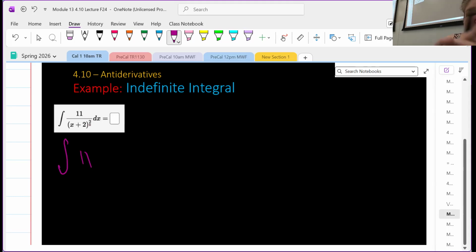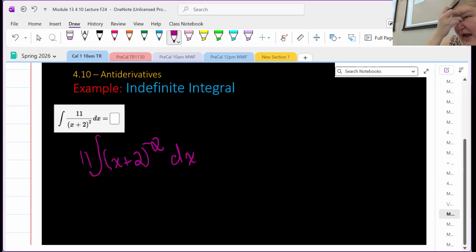So that x plus 2 squared, to move it out of the denominator, I'm going to change the sign of the exponent. Now my 11 there that I multiplied by, that is a constant, so I'm just going to real quick move it outside the integral as well. So I've got 11 times the integral of x plus 2 to the -2.